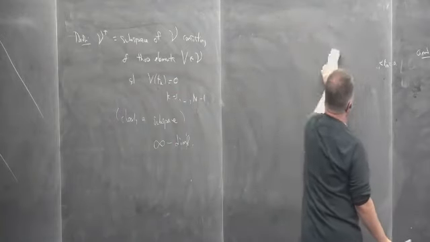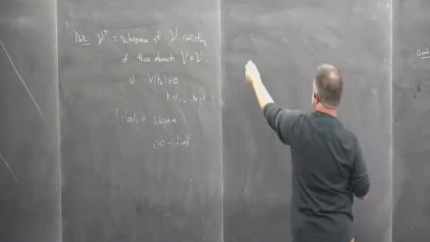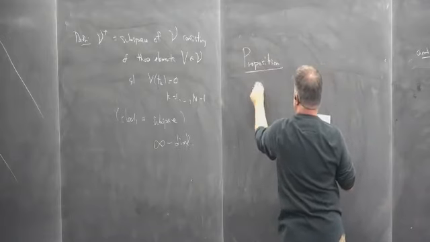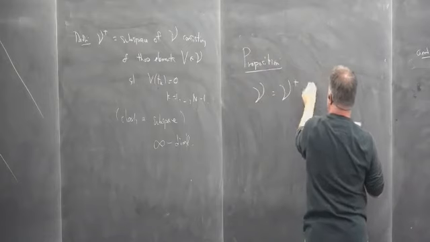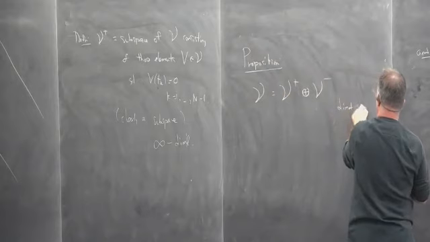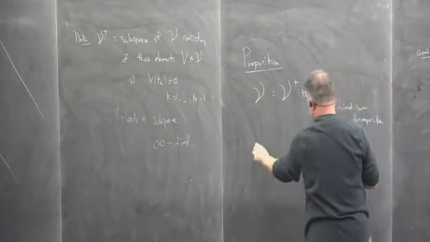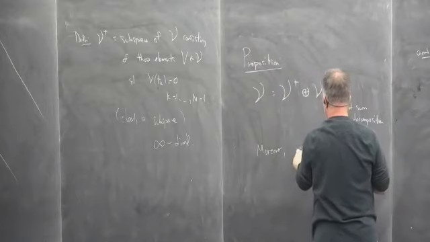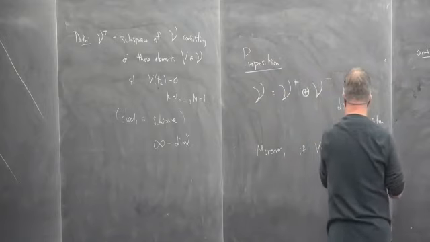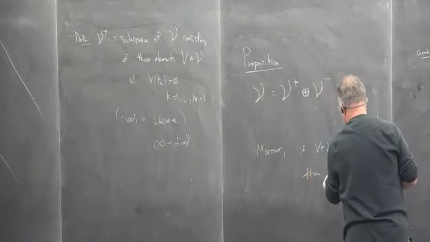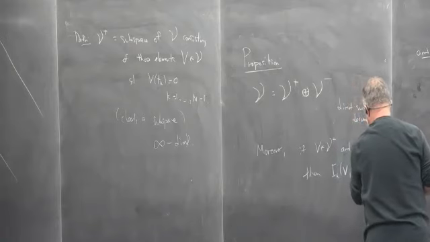And then the proposition we want to prove is that this gives us a direct sum decomposition of V with some additional structure. So here's the result. V is V plus direct sum V minus, direct sum decomposition. Moreover, if V is in V plus and W is in V minus, then IA of V, W is 0.